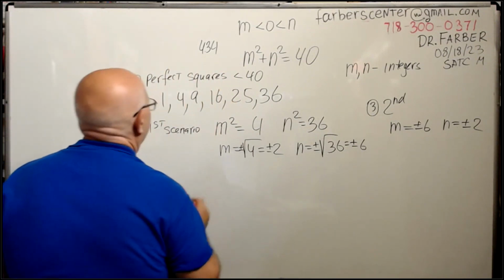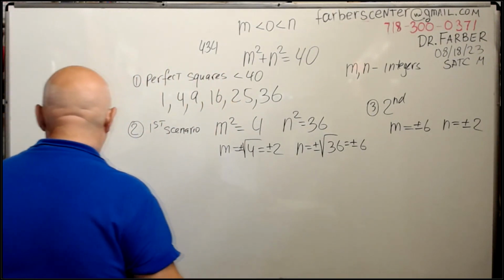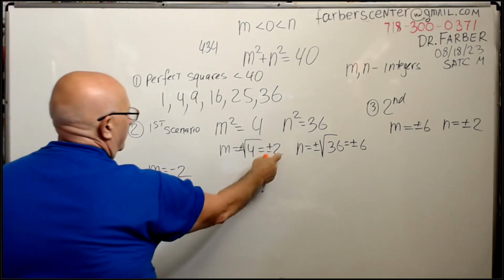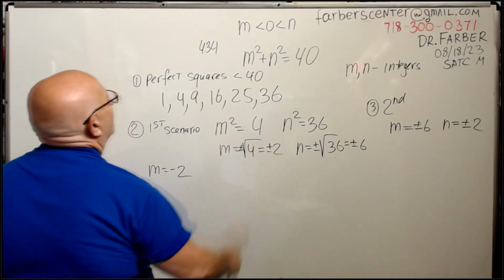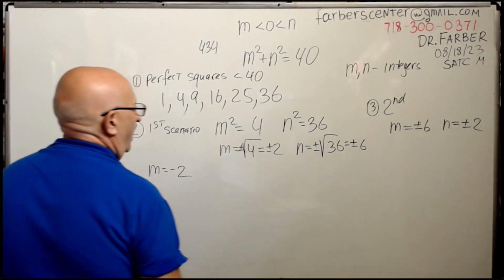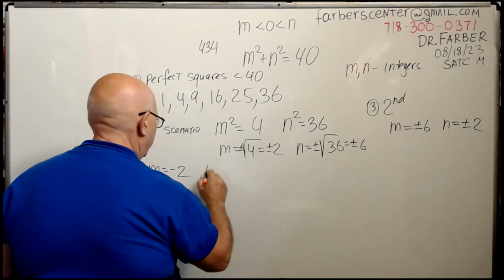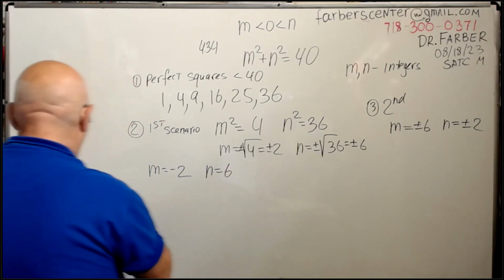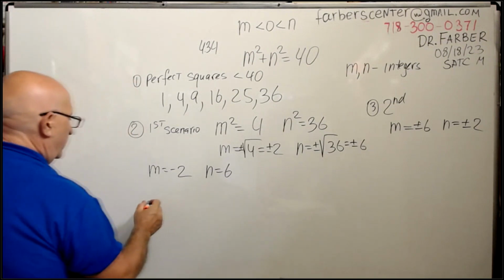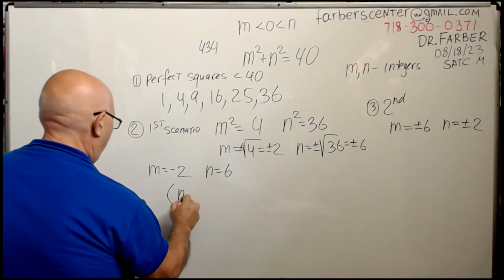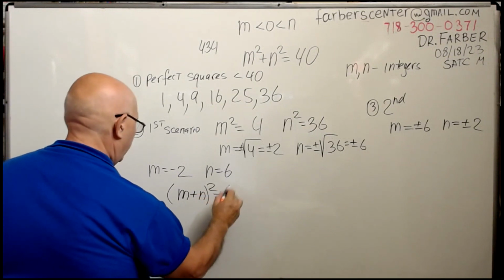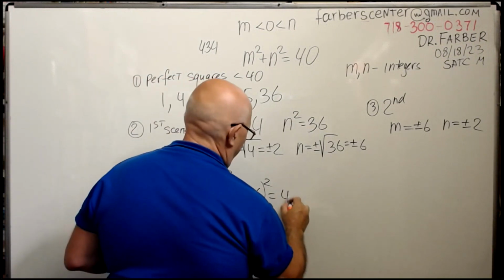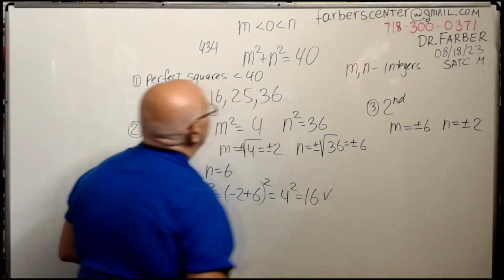Based on these restrictions, we can have m equals -2 and n equals plus 6. Similar logic over there. Now you can easily evaluate this expression. (m plus n) to the second power equals (-2 plus 6) squared, which is 4 squared, which is 16. Okay.